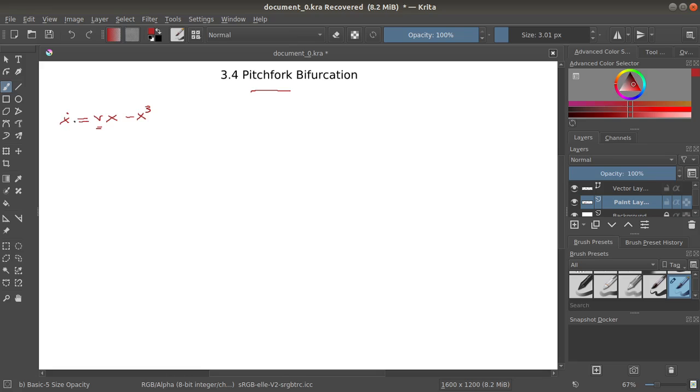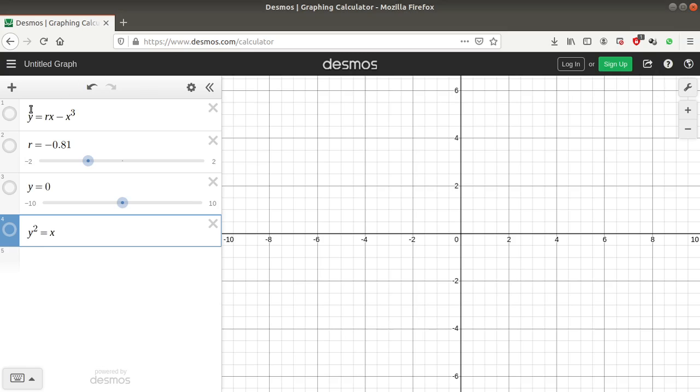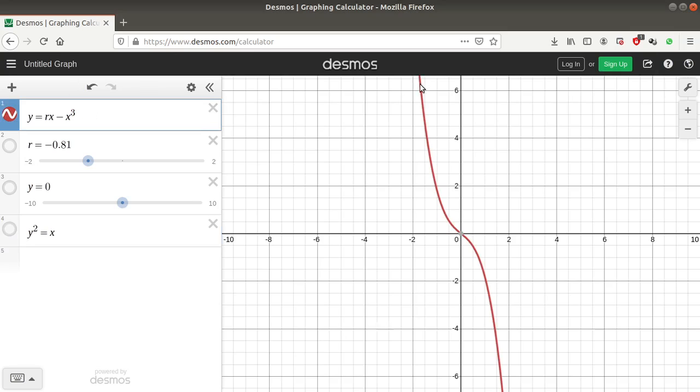Okay, so let's plot this. So this is the equation, and in this equation say my r value is negative.